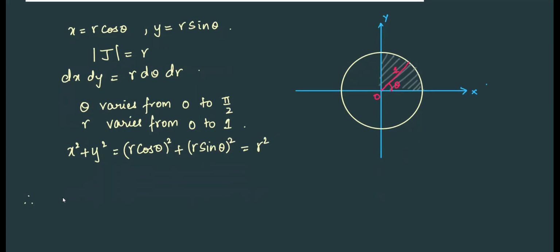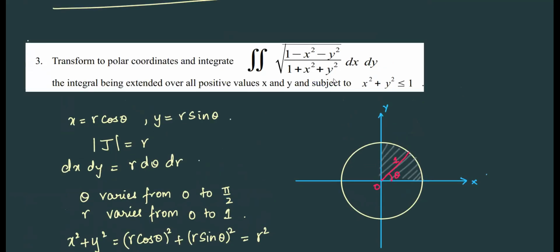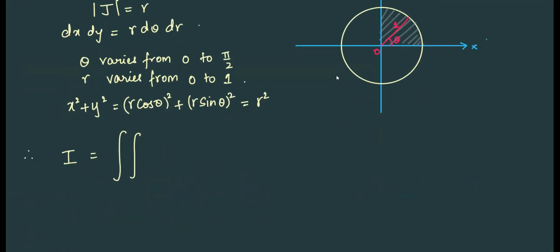So the transformed integral is the integral of square root of 1 minus of x square plus y square over 1 plus x square plus y square. So under root 1 minus r square over 1 plus r square, r d theta dr. Theta varies from 0 to pi by 2 and r varies from 0 to 1.